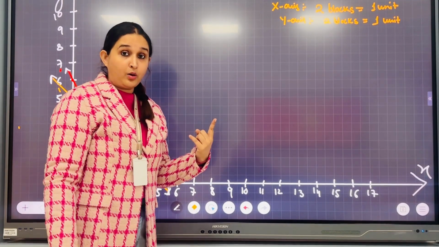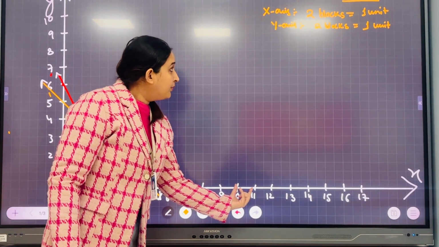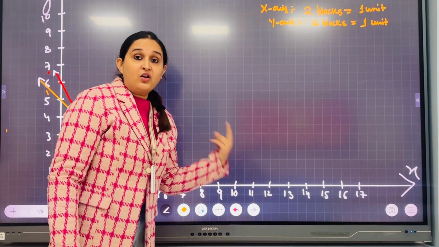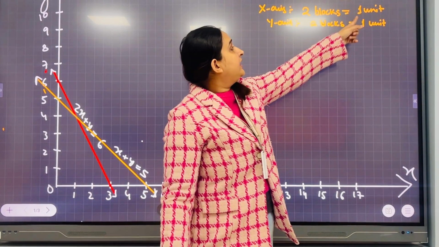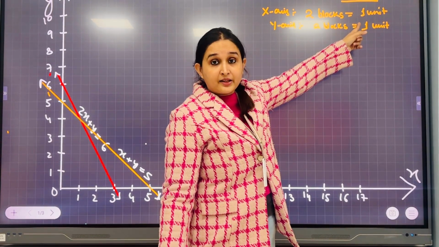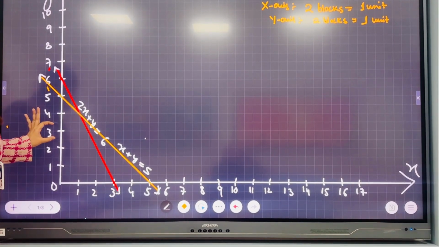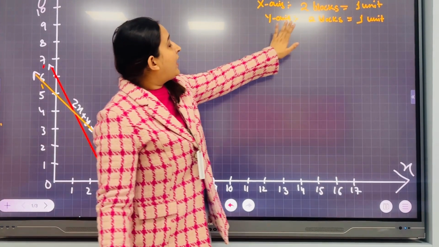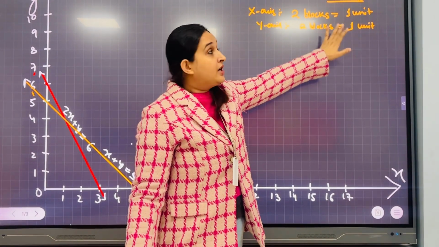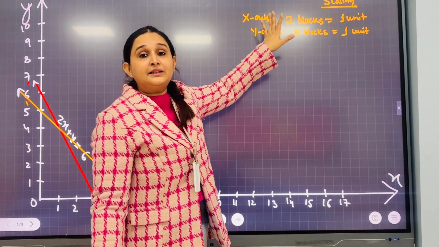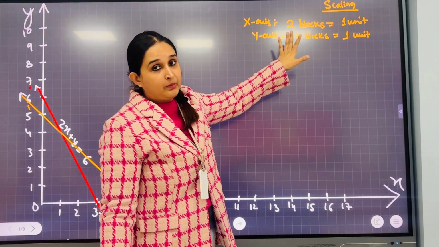You may select 1 block. So 2 blocks is 1 unit for the x-axis. Similarly, for the y-axis, 2 blocks is 1 unit. Do not forget this part. This carries 0.5 marks.